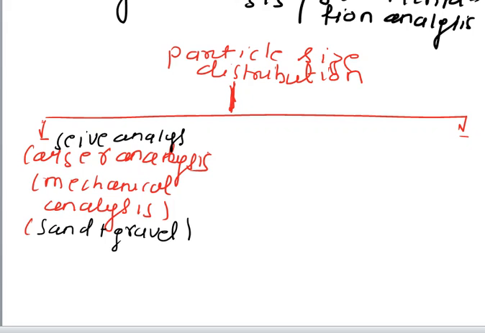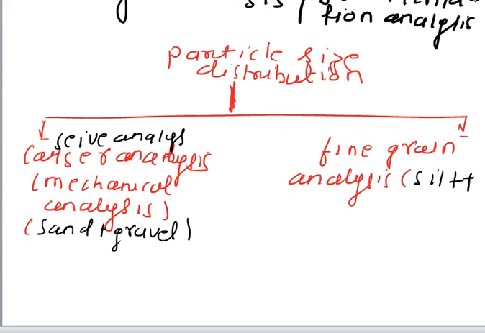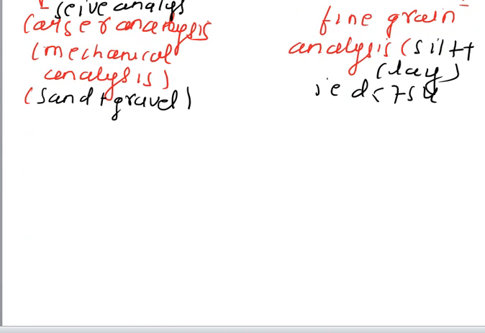Now here we have fine grain analysis for silt plus clay, that is D less than 75 micron, also called sedimentation analysis.